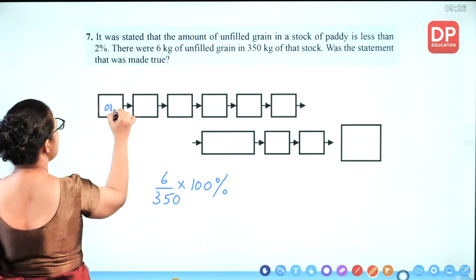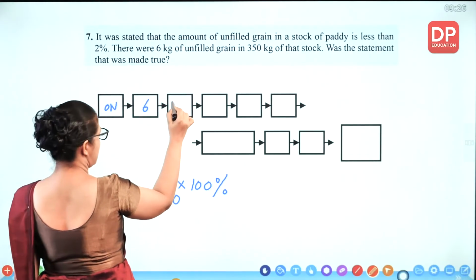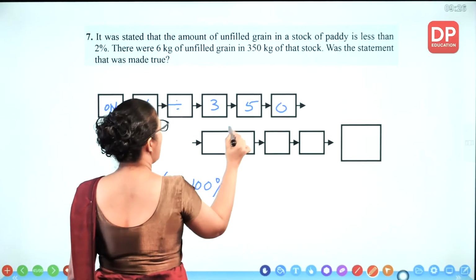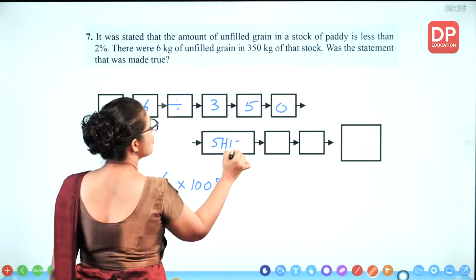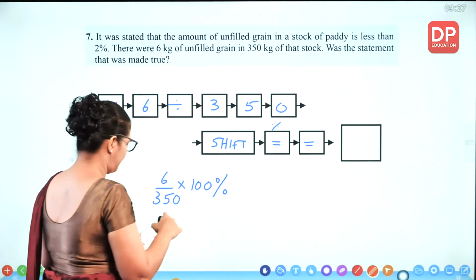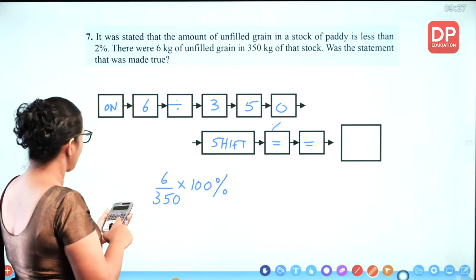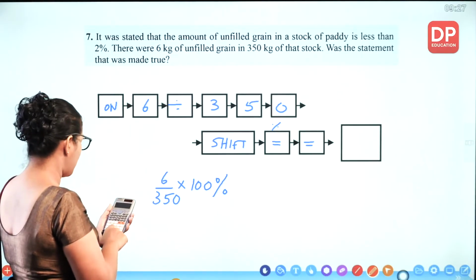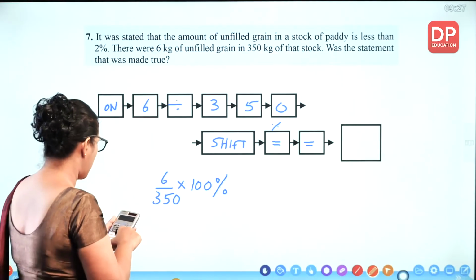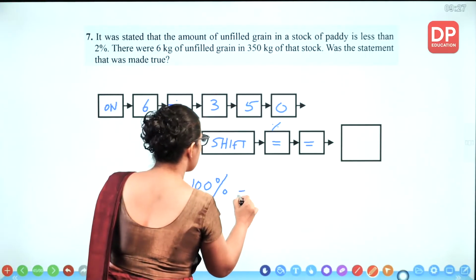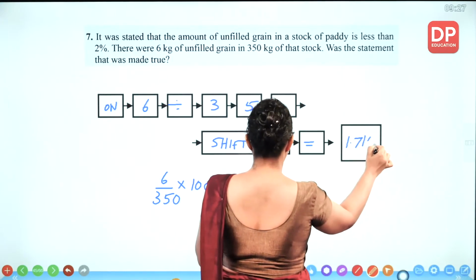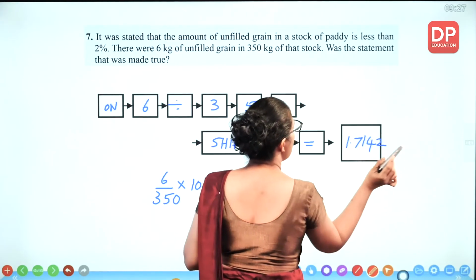Switch on the calculator. 6 divided by 350 as a percentage. Six divided by 350 as a percentage, you get 1.71428, something like that.